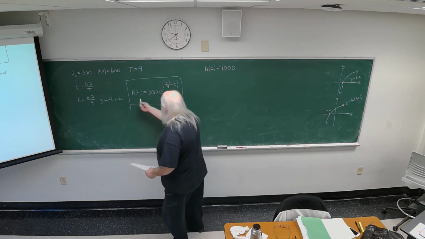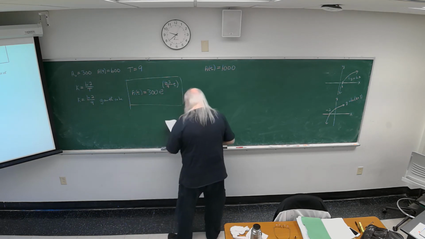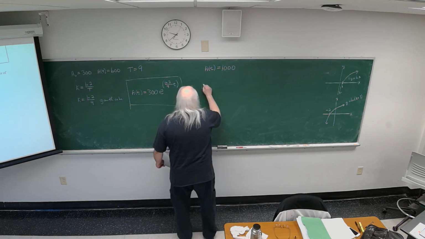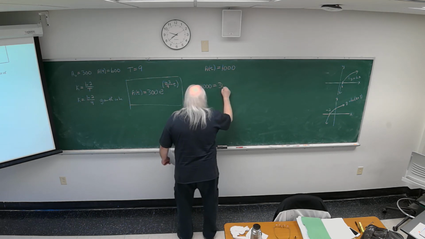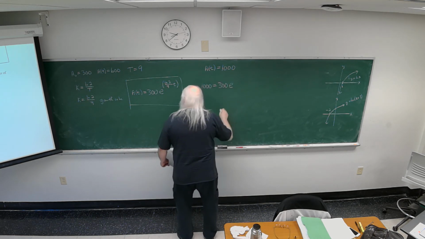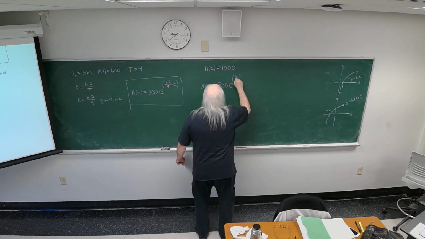Well, we replace A of t on the left here with 1,000. We have 1,000 is equal to 300 times e raised to the natural log of 2 over 9 times t power.